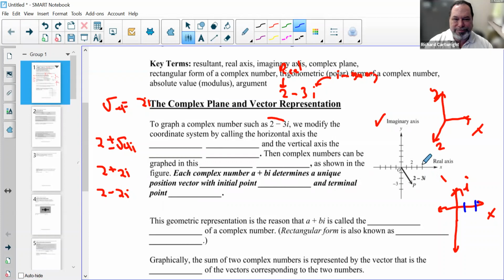When he graphed negative 3i, then on the y-axis, he goes down 3. And so you pretend this is a three-dimensional thing out in space. So he put his dot out here and pretend that you are graphing a vector from the origin to this point sitting in space. Okay.